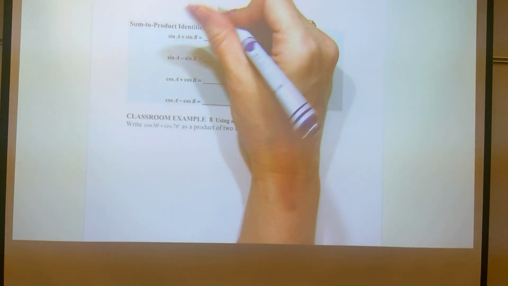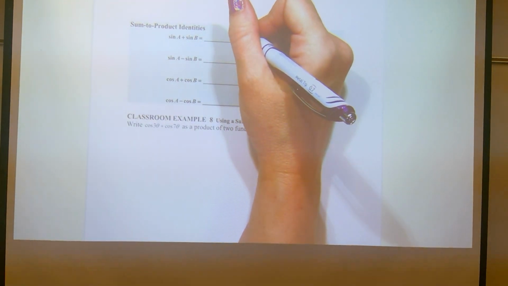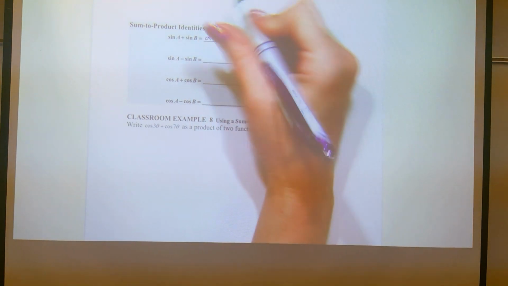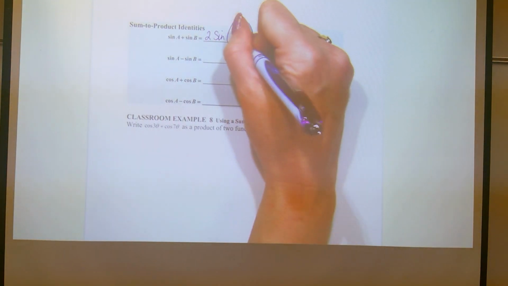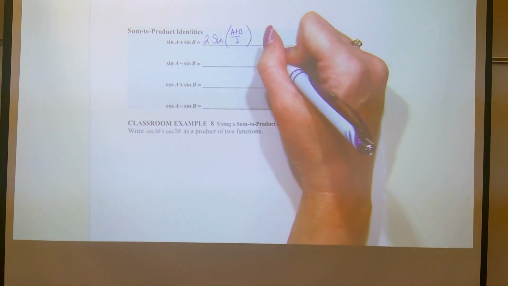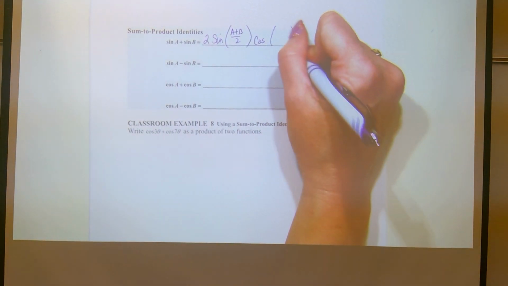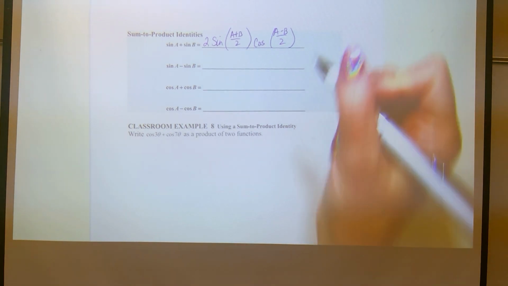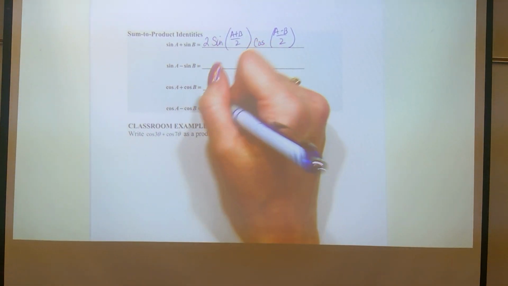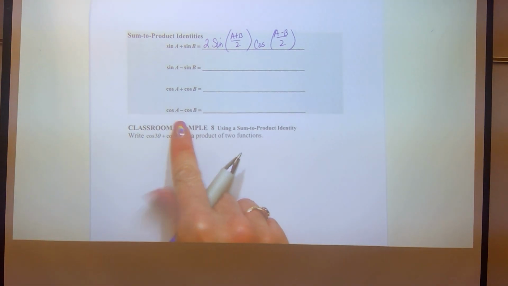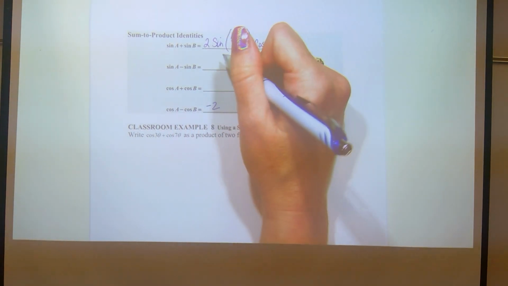So sine A plus sine B. We're going to write it first. Instead of 1/2, we've got a coefficient of 2. We've got a more interesting argument going on in here. And please note that this last one is going to have a coefficient of -2 instead of +2.